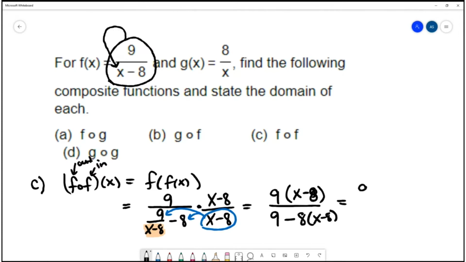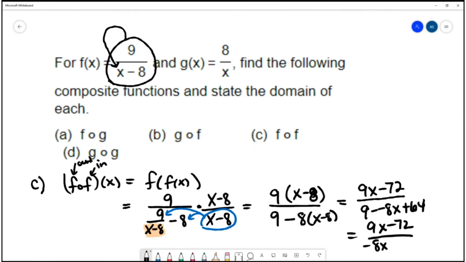Now I'll simplify. I've got 9x minus 72 over 9 minus 8x plus 64. That's 9x minus 72 over negative 8x plus 73.